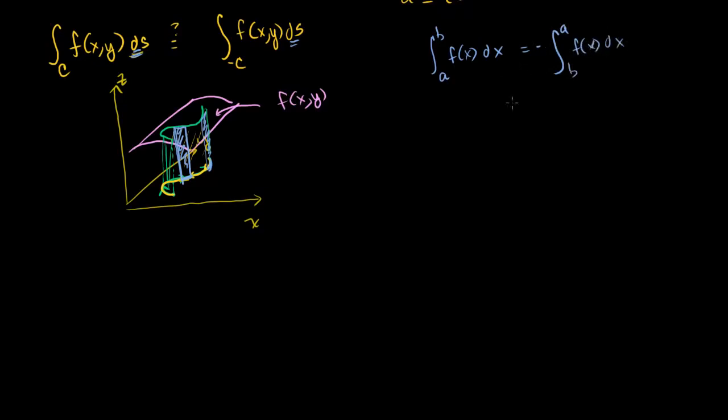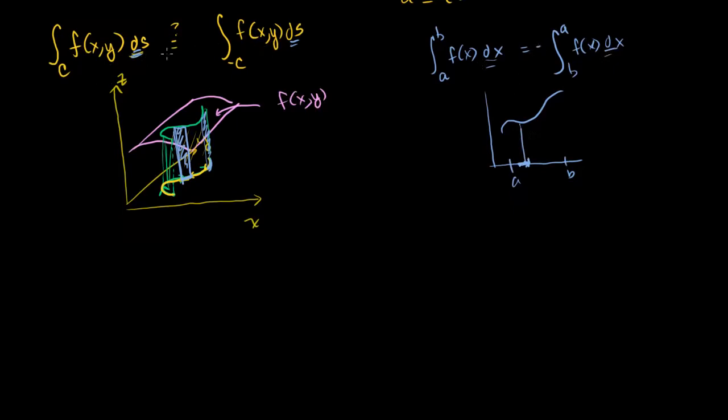And the reason is, if you imagine this is a, this is b, and that is my f of x, when you go in that direction, your dx's are always going to be positive. Each increment, the right boundary is going to be higher than the left boundary, so your dx's are positive. In this situation, your dx's are negative. The heights are always going to be the same, always f of x, but here your change in x is negative when you go from b to a, and that's why you get a negative integral.